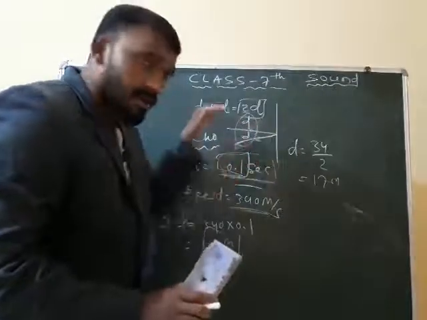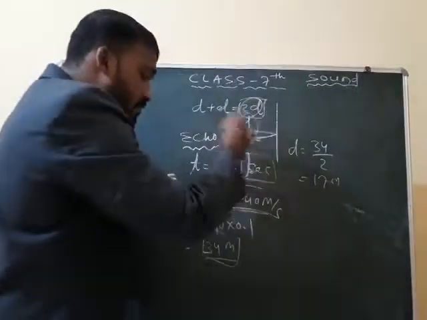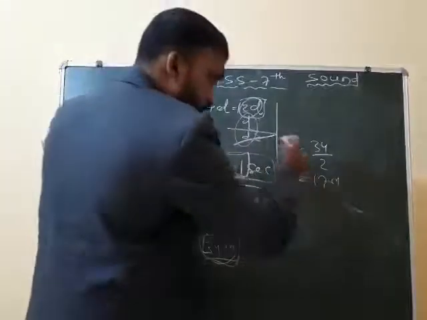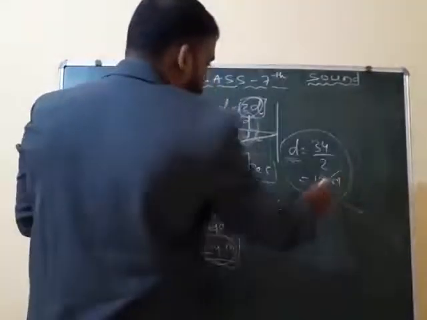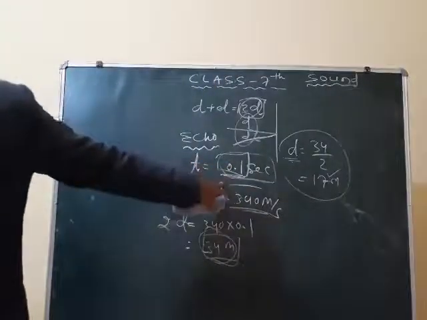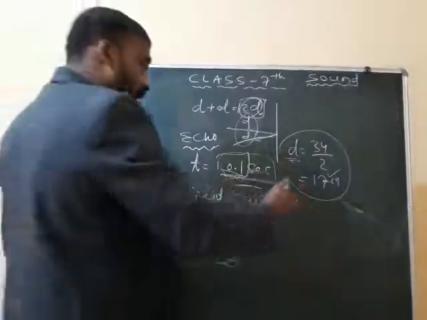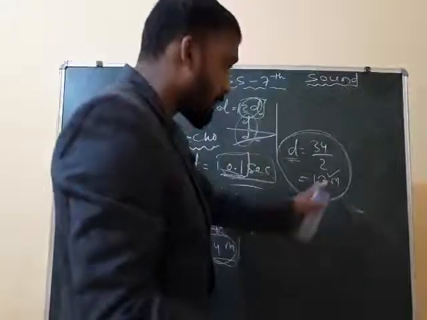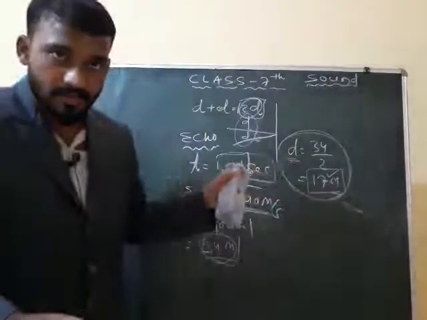How much distance is it traveling? Going and again returning back, it means d plus d, 2d. If 2d distance is equal to 34 meter, then the distance between the source of sound and the reflector is how much? 17 meter. So the first case of echo is the sound should come after 0.1 second, and the distance between the source of sound and the reflector must be 17 meter, at least 17 meter.